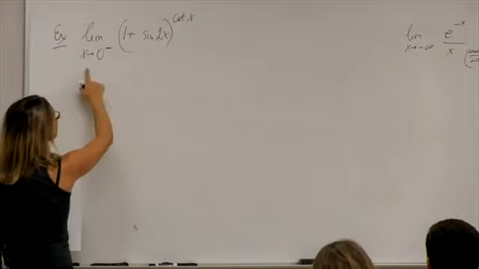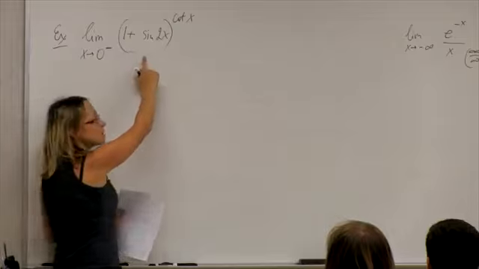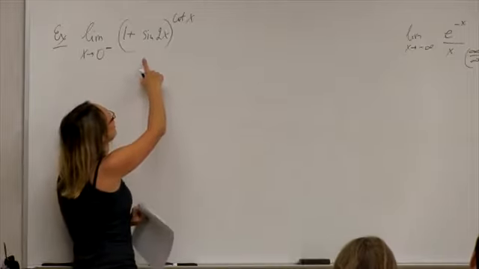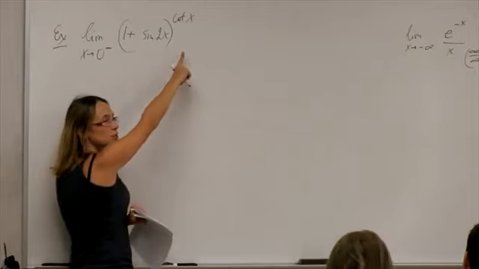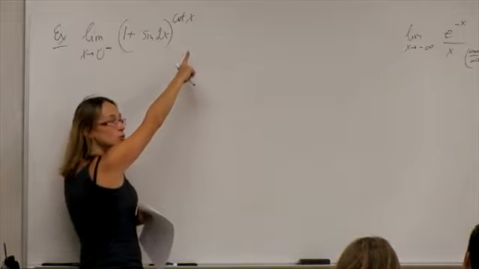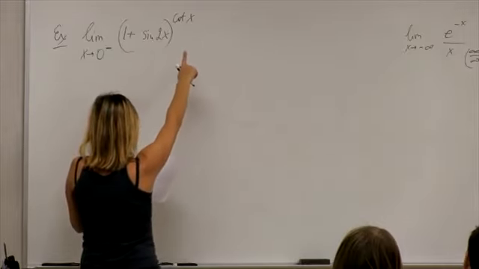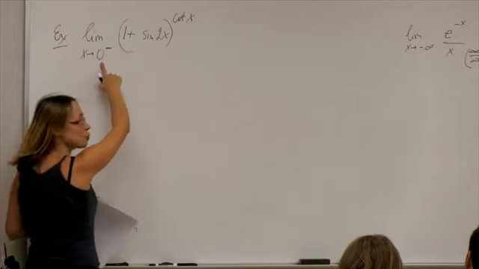So x goes to 0. The expression in brackets, as you can see, goes to 1. And the cotangent, we just looked at it, goes to infinity. So this is, I'm sorry, x goes to 0 minus.